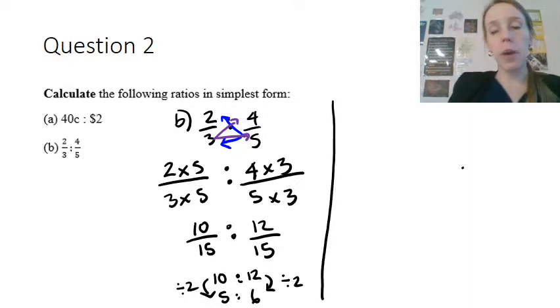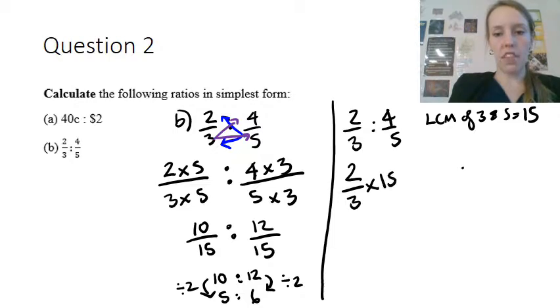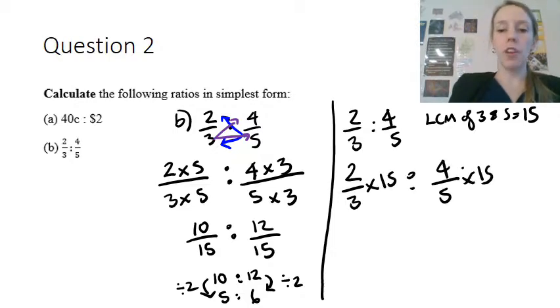So the opposite way, an alternate way, you don't have to do it the alternate way, it's totally up to you, whichever makes more sense. So 2/3 to 4/5, the lowest common multiple of 3 and 5 equals 15. So I'll do 2/3 multiplied by 15 is to 4/5 multiplied by 15. So 2/3 times 15.